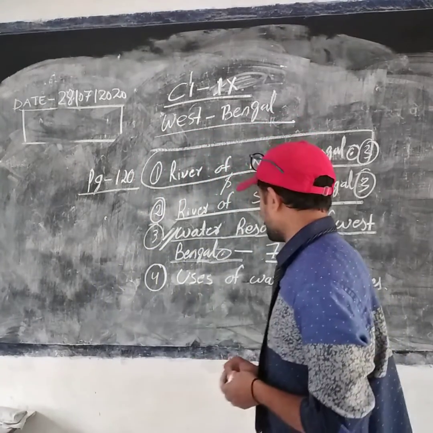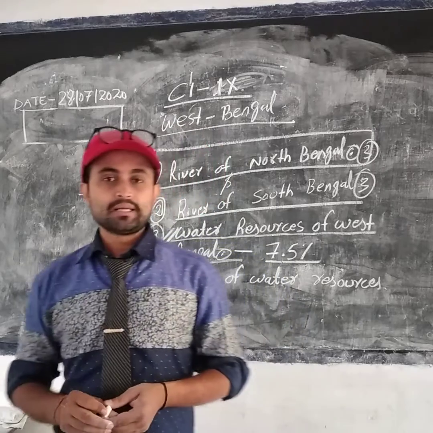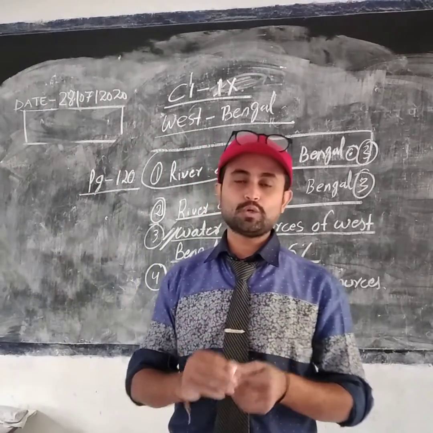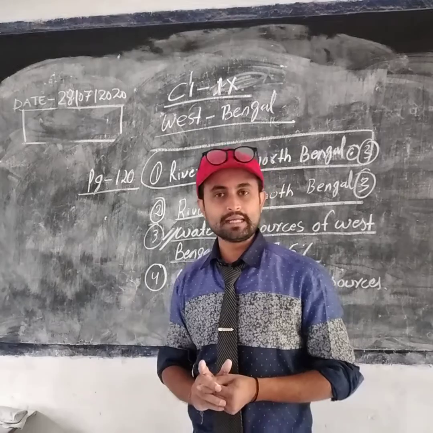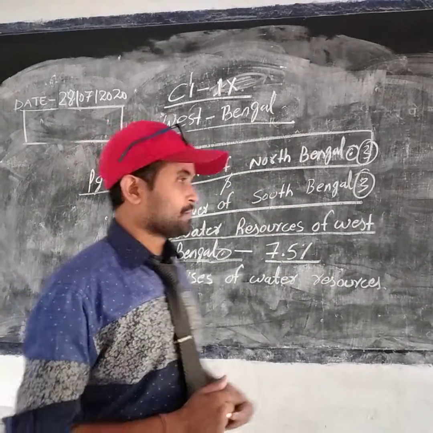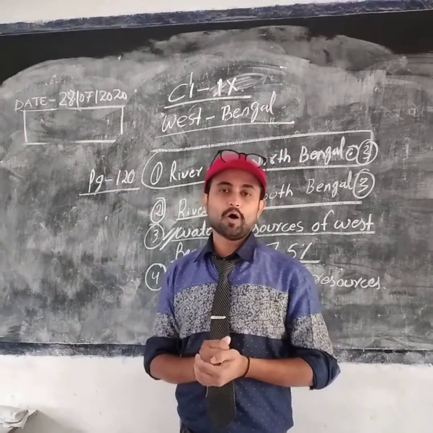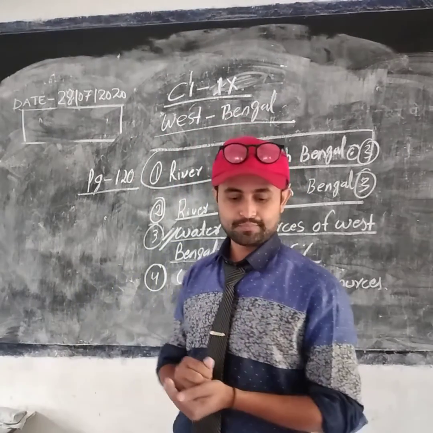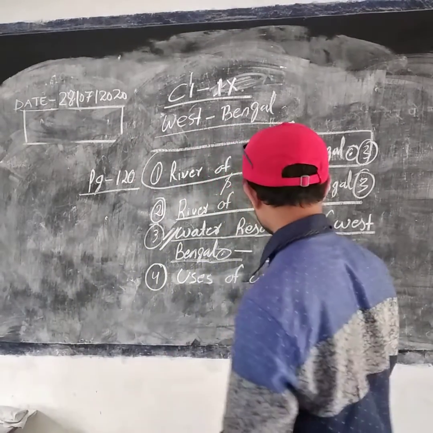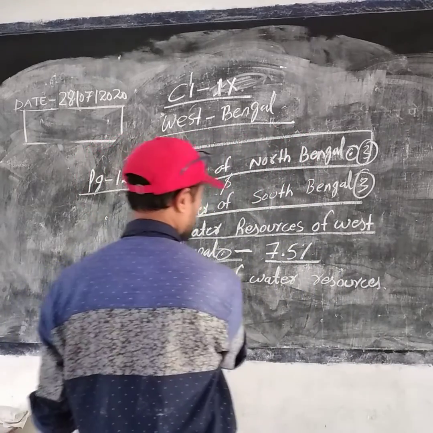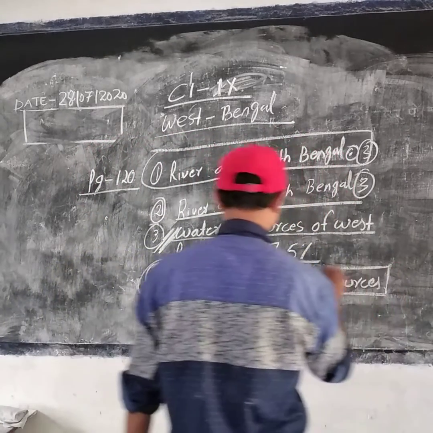Number 2 point: it stores around 7.5% of the total water resources of India. And West Bengal has a good backup of water resources for agriculture purpose. Yes or no? We have understood this.